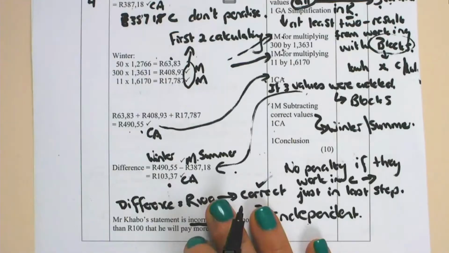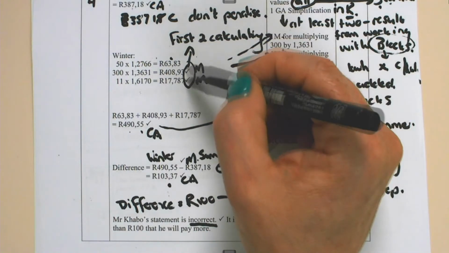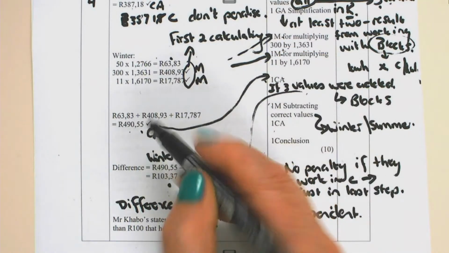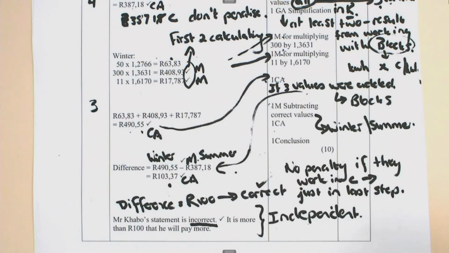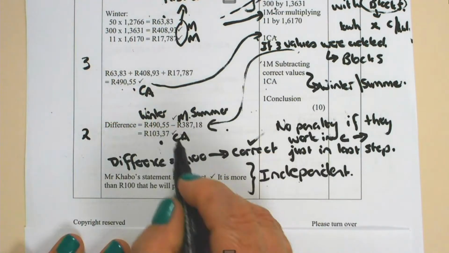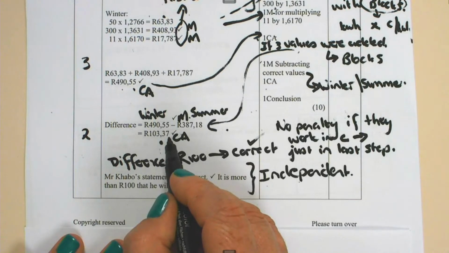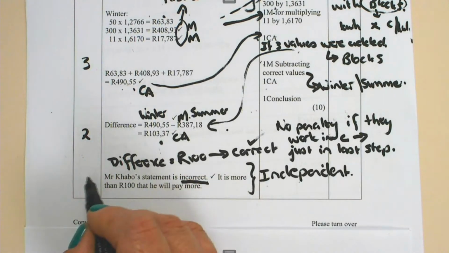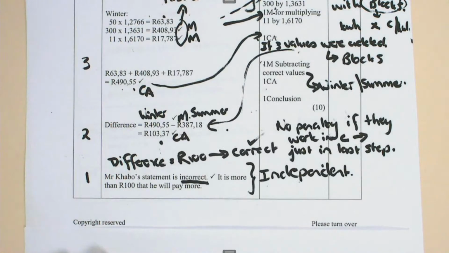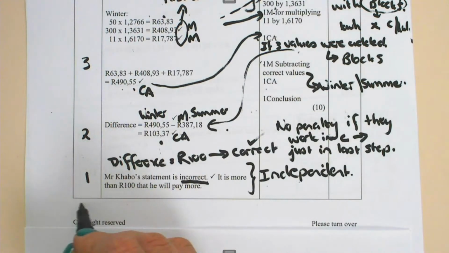Then here is 2 for any 2 correct calculations, add and CA, so here is 3 marks. Then here is subtract. It is subtract for the method, and for the CA it's 2 marks, and then here is 1 mark. So I've got a total of 4 plus 3 is 7, 8, 9, 10 marks.